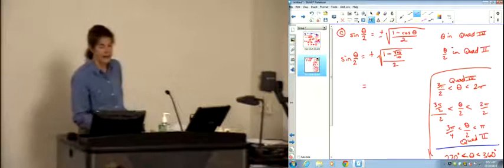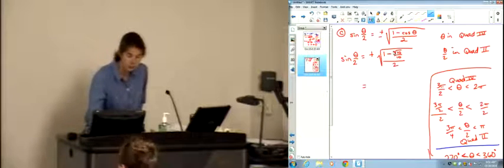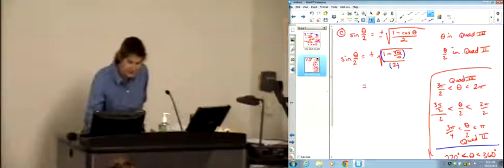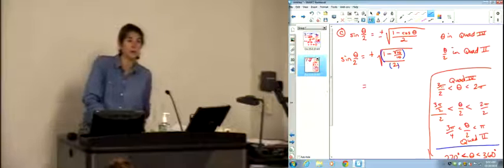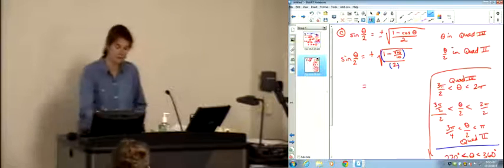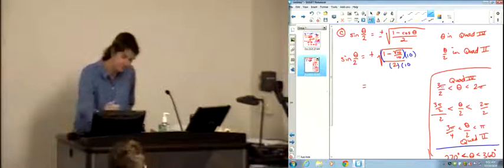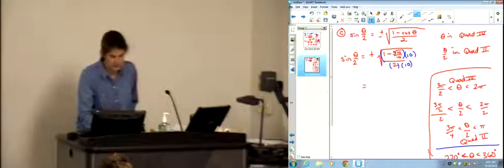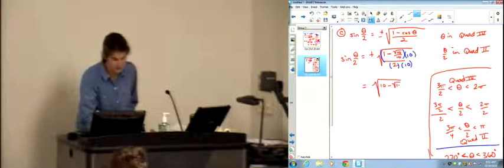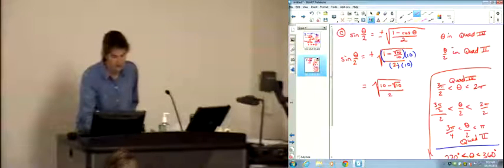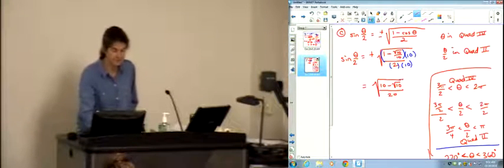All that stuff's under the radical, but with our fraction, in order to simplify and get rid of the extra denominator in there, what can we multiply it all by? The least common denominator, which is 10. So it looks like we get the square root of 10 minus the square root of 10 over 20.